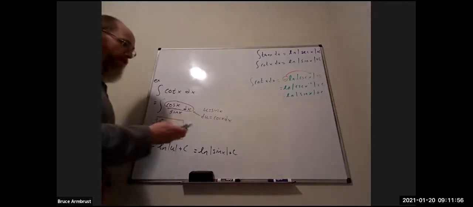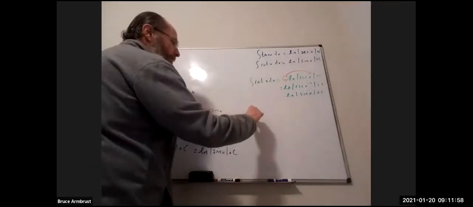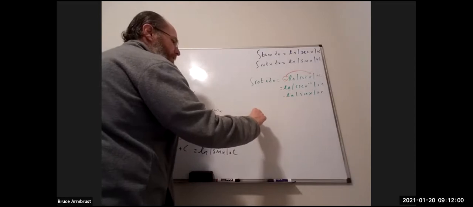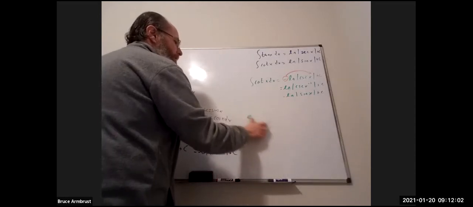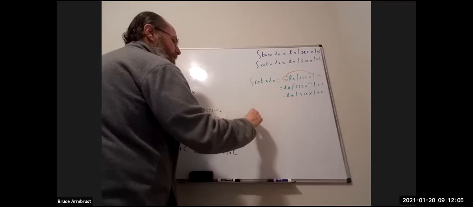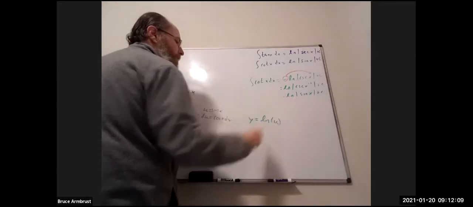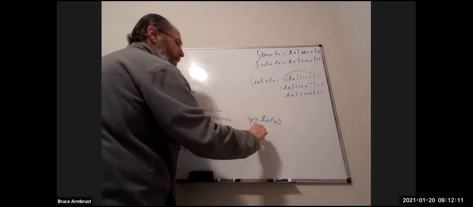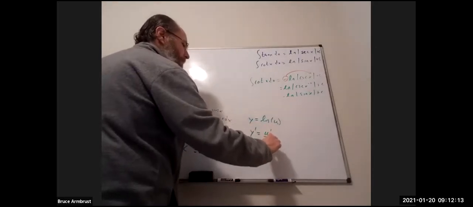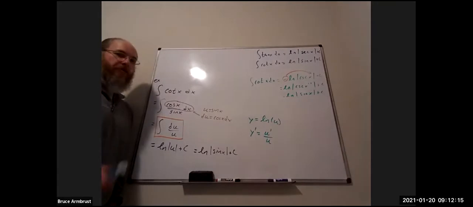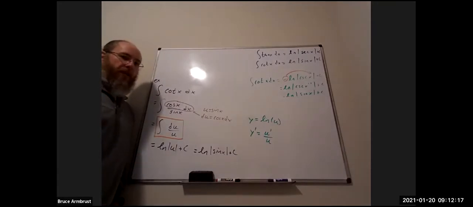So hopefully you remember this: if we have a function y equals natural log of u, we found that y prime was equal to u prime over u. Natural logs were really nice to differentiate. They always had the same form.